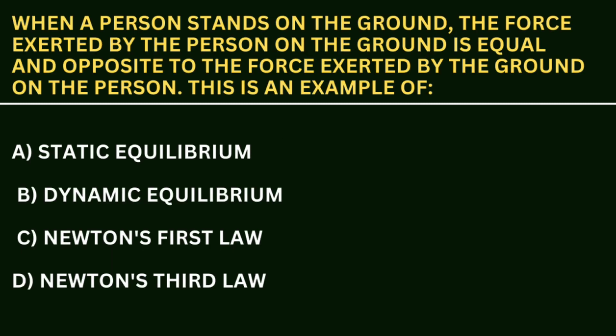When a person stands on the ground, the force exerted by the person on the ground is equal and opposite to the force exerted by the ground on the person. This is an example of. Option D, Newton's third law.